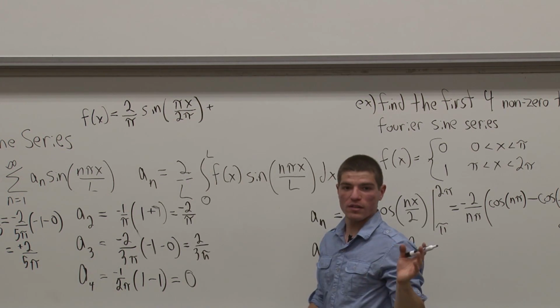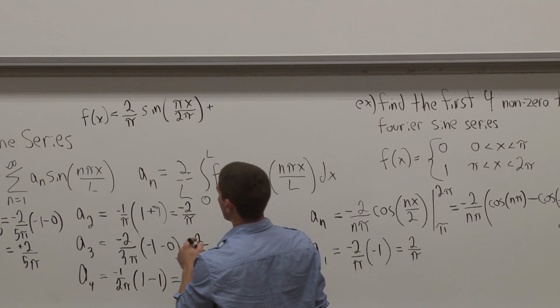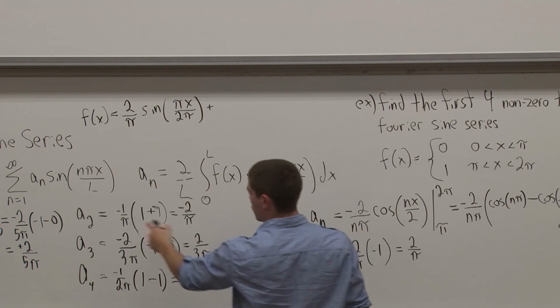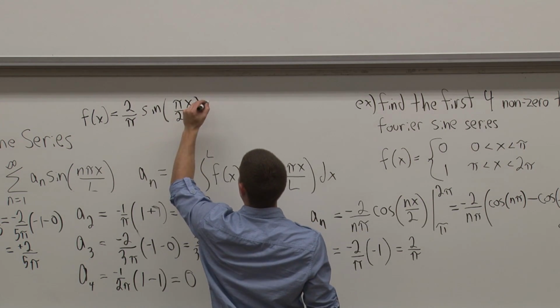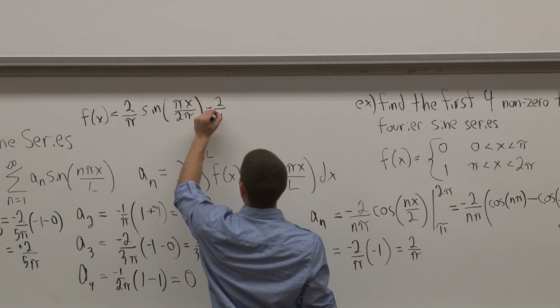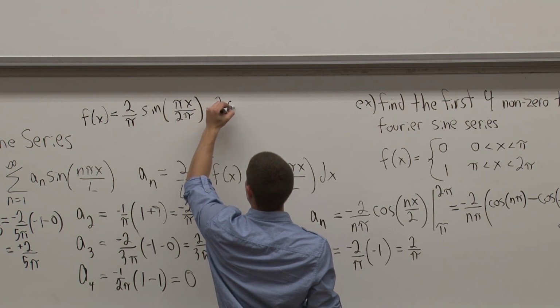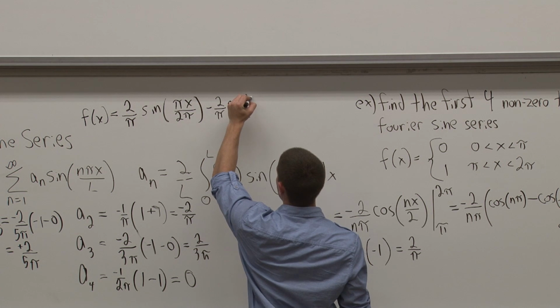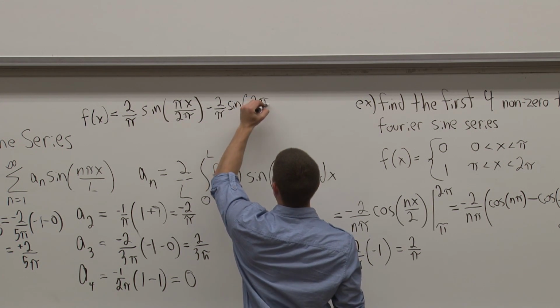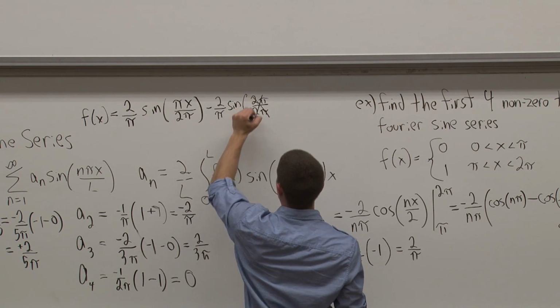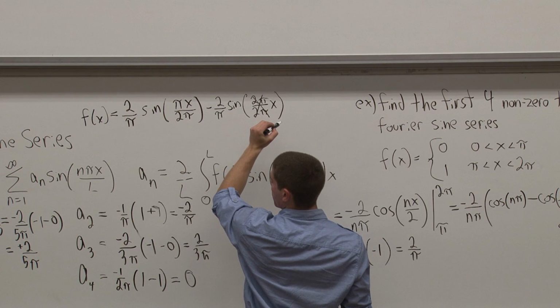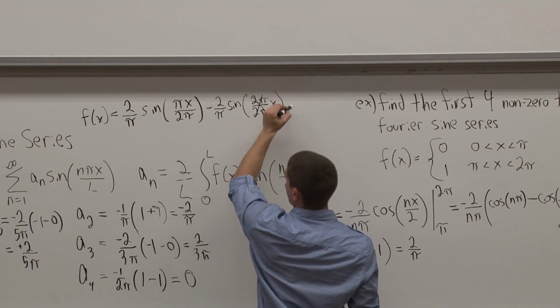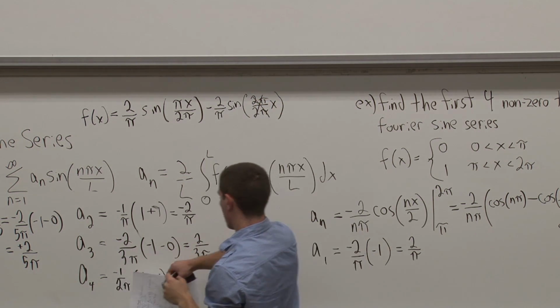Is there a question? OK, you good? All right, so then plus A2. A2 is going to be minus 2 over pi times the sine of n, which is 2, pi over 2 pi, so that will go away, of x times x. And then we're going to have another term, which is going to be A3.